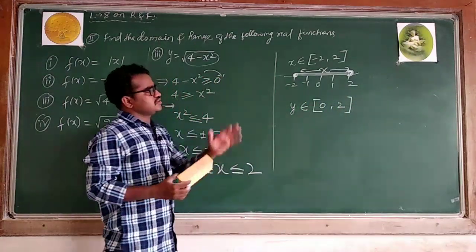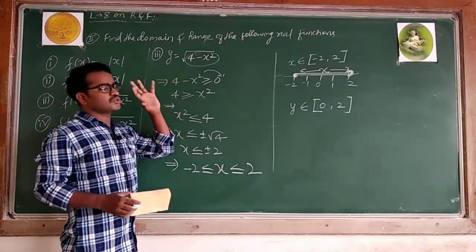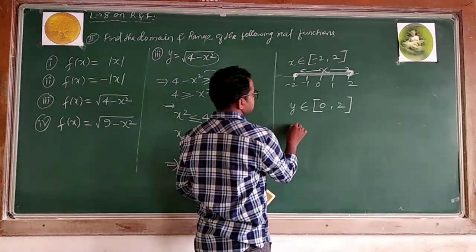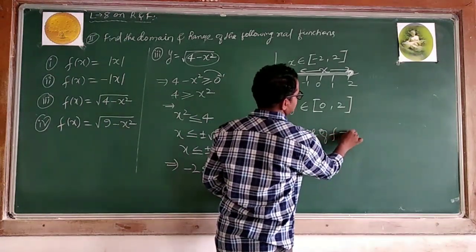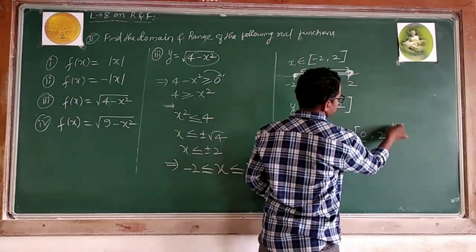We avoid negative values, because a negative value is not possible under the root. So the range of f is 0 to 2, both included.